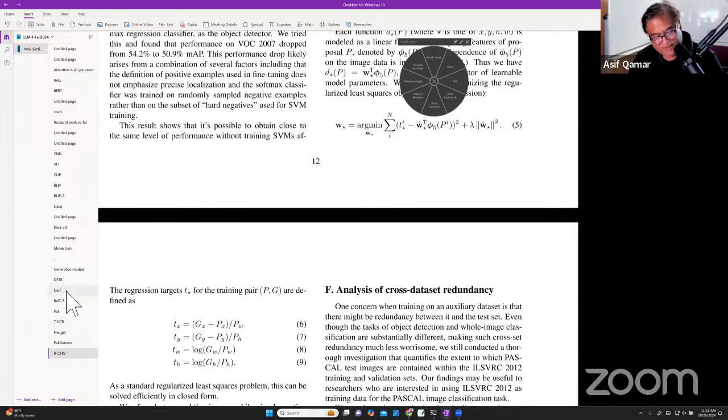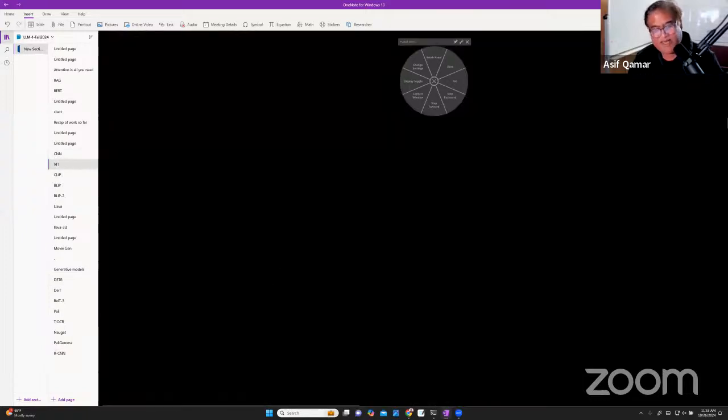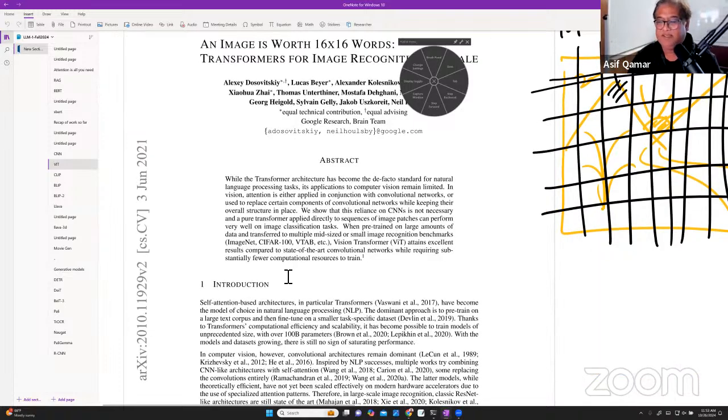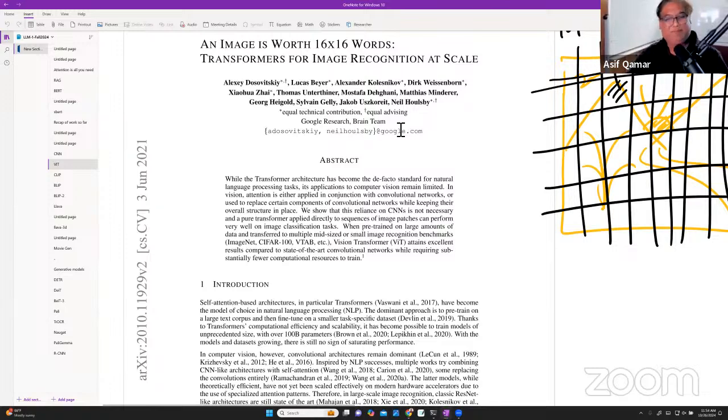Just as a recap, remember the approach used in Vision Transformers, ViT: an image is worth 16 by 16 words.